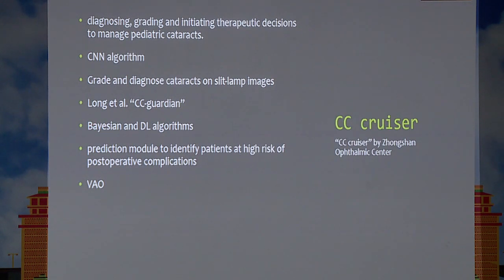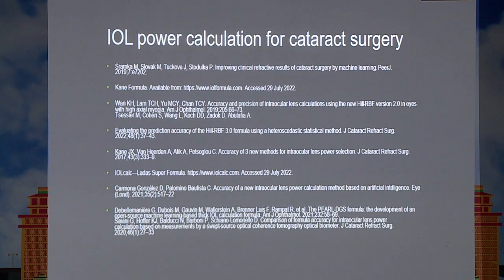And the CC-Cruiser became CC-Guardian when we adapted deep learning algorithms, and it was able to identify which patients will have a visual axis opacification and will require an intervention for visual axis opacification, that is in pediatric cataracts.